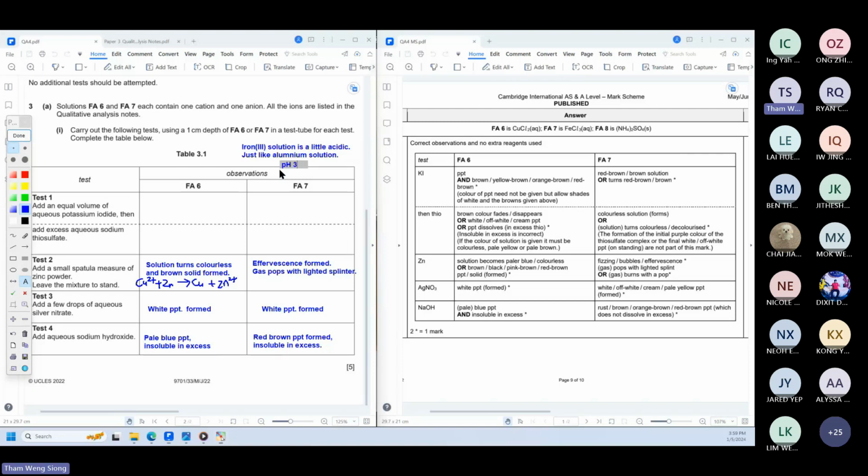Okay, I'll call it 4, call it 3 also can. You know what, the actual, I think it's 3, if I'm not mistaken. Okay, 3. Why is aluminium solution acidic? Because the aluminium 3+ has such a high charge density that it forces the water to form a complex around it, correct or not? Al3+.